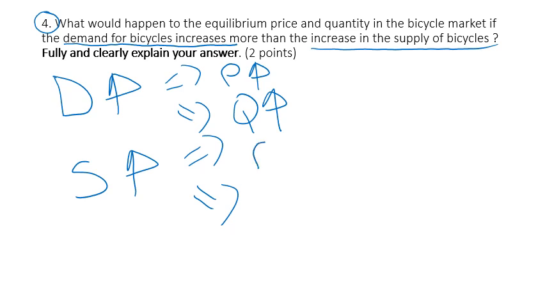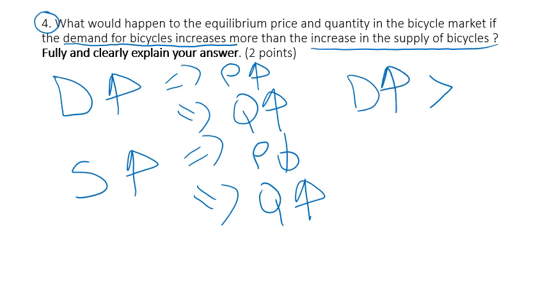So price goes down and quantity increases. Now, in question number 4, unlike in question number 3, what we're told is that the demand event, this increase in demand, is stronger than the increase in supply.